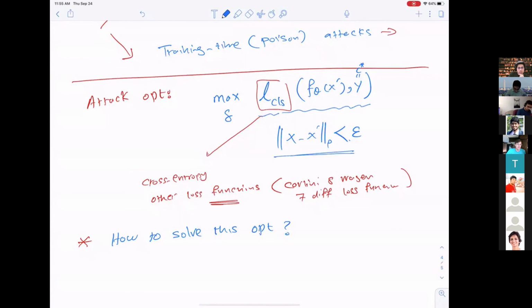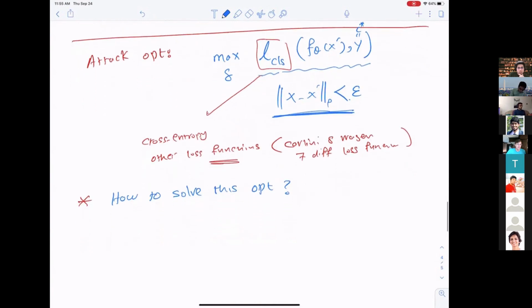But here we have a constraint as well, right? We need to make sure that when we are doing our updates, we are not outside of the feasible region for X prime. To deal with this optimization, one of the first methods developed is called the fast gradient sign method, or FGSM attack.